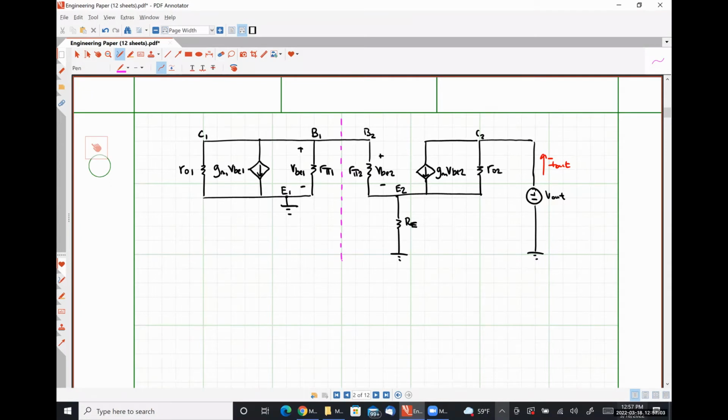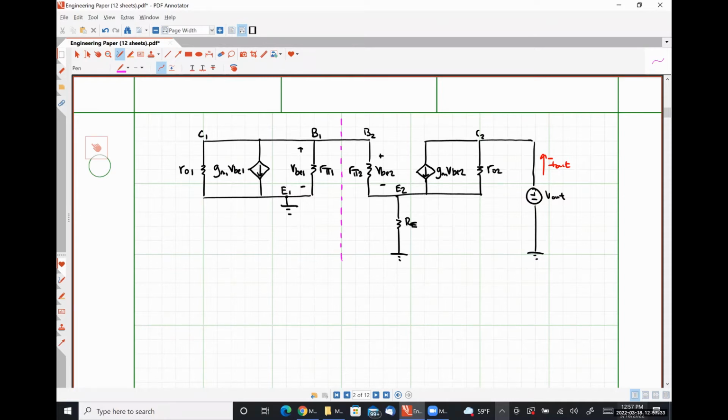All right, now we're going to make yet another assumption. The assumption that we are going to make is that for our matched transistors, R pi 2 should be larger than 1 over GM1. Right? Doesn't seem wildly unreasonable since we just assumed R pi 1 was much larger than 1 over GM1.